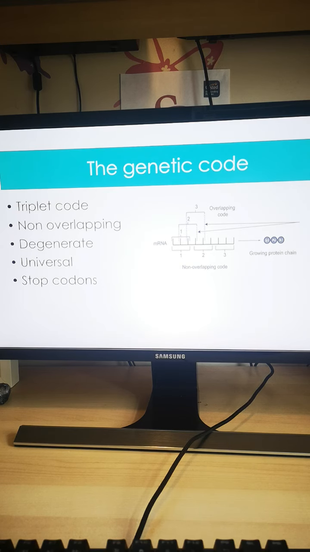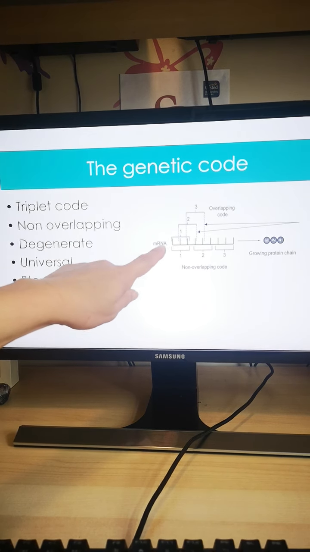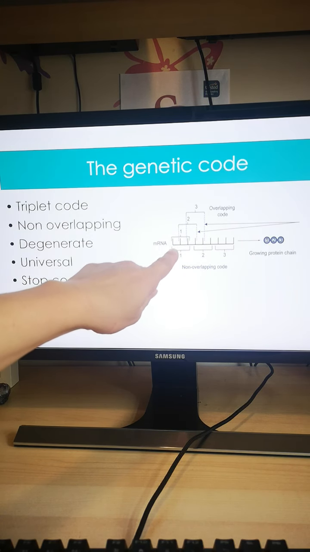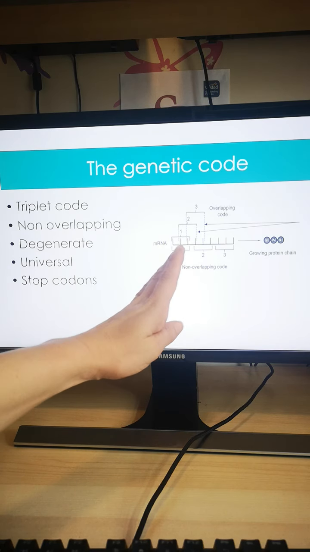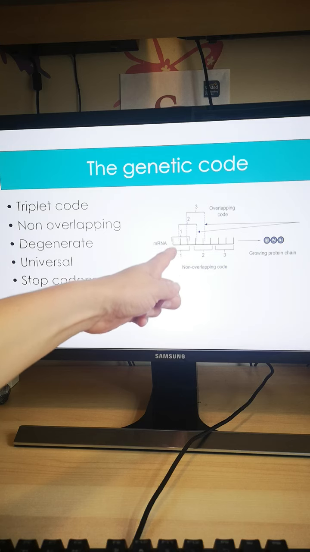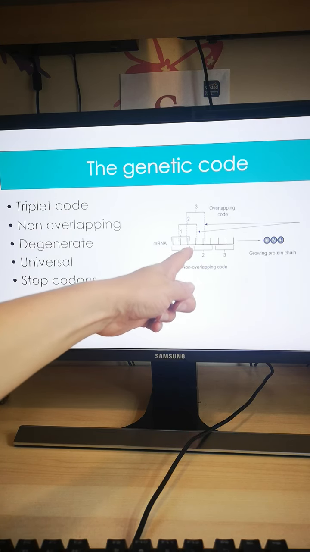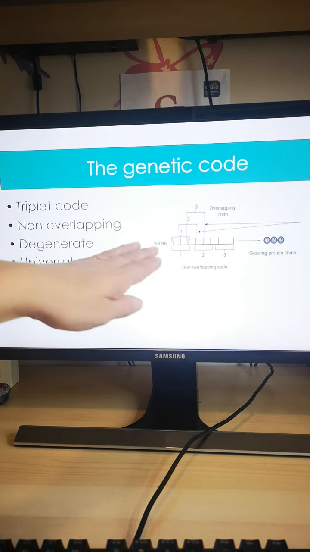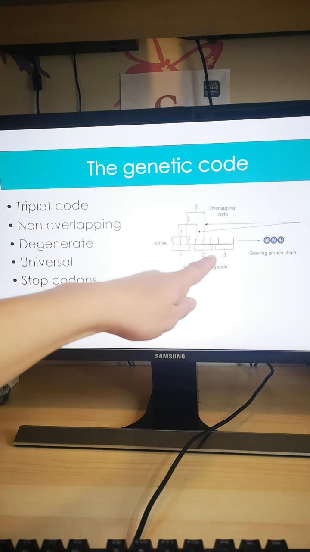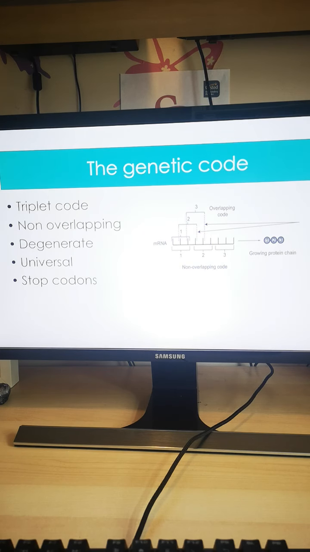If you have a look at the example in the diagram, if we were given that piece of mRNA, evidence that it's a non-overlapping code would be that there are only 3 amino acids coded for. Because if it was read in an overlapping way, like shown in the diagram, where the first 3 bases coded for the first amino acid, and then you just moved up one base, so you read the last 2 bases again as the beginning of the next triplet, and then the same with the third reading, this strand of mRNA would code for more than 3 amino acids.